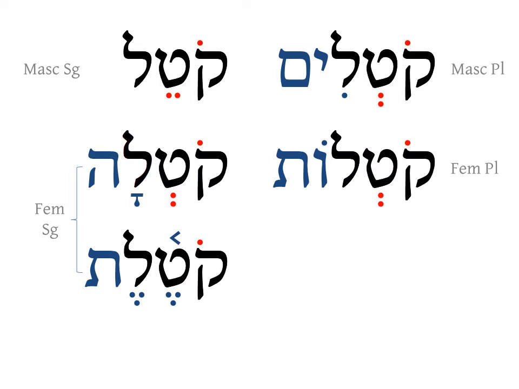Now notice one more thing, that tsere under the tet has changed in every other form. In the feminine singular, it's reduced to shva, and it has done the same thing in the masculine plural and the feminine plural.